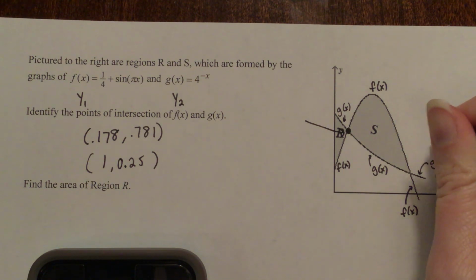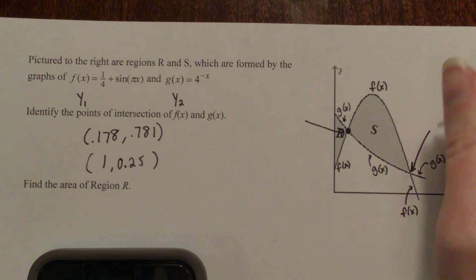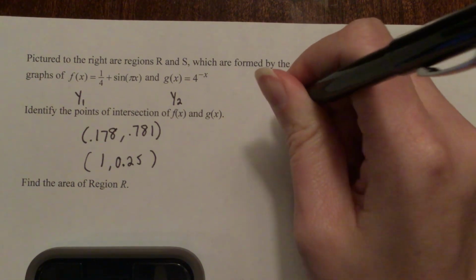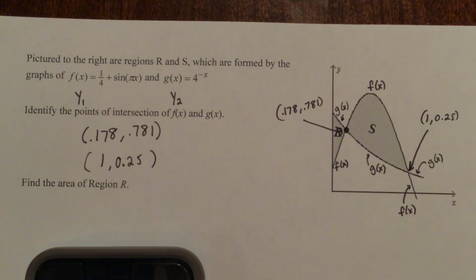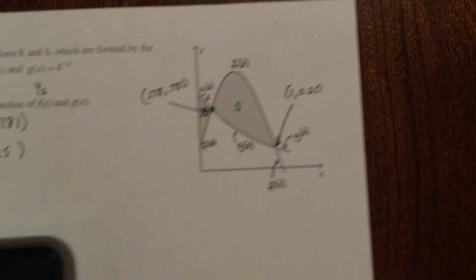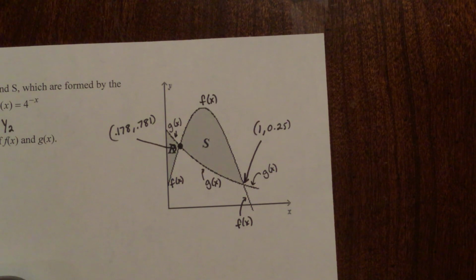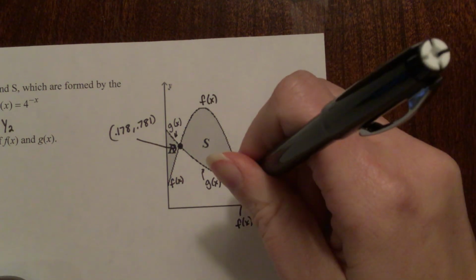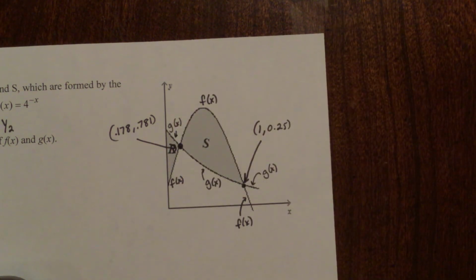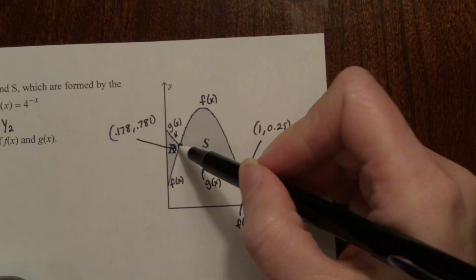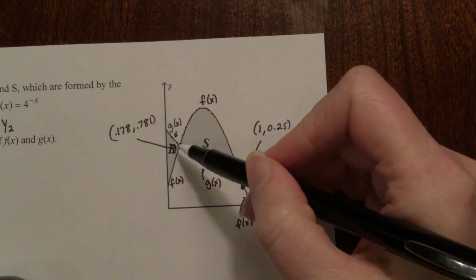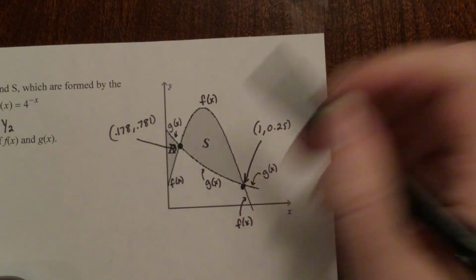This point is that one, and this was 0.178, 0.781. Labeling it on our graphs helps us find those numbers later. The thing we especially need for that point is the x value, because that's going to be our A and B if we find S. And for this point, the x value will be B if we're trying to find R.